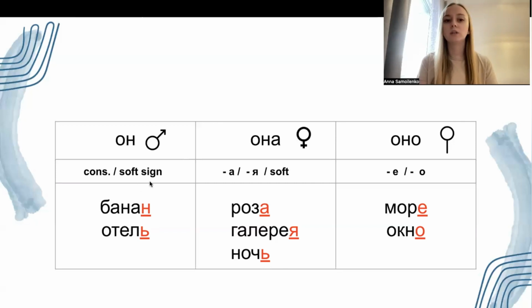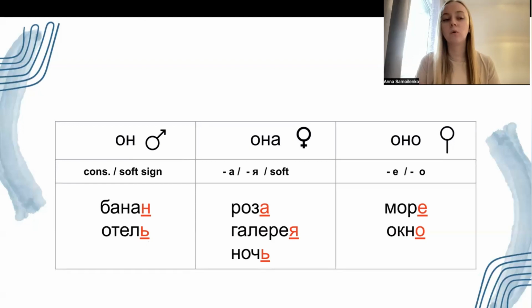Or another situation is where it ends with a soft sign. As you remember, the soft sign is a letter in the Russian alphabet. It looks like this. In this word atelь, the last letter is called the soft sign.